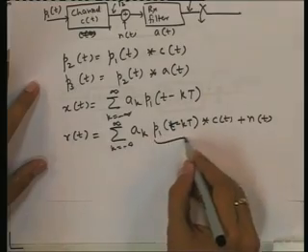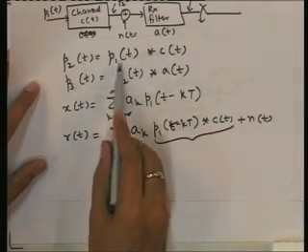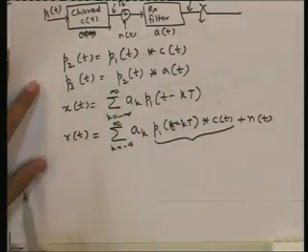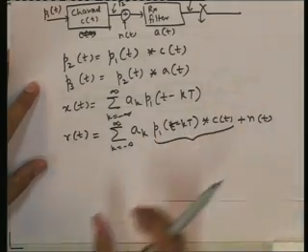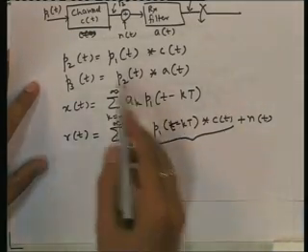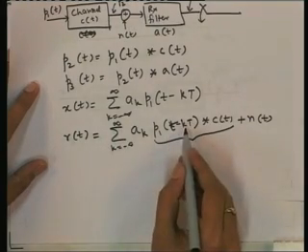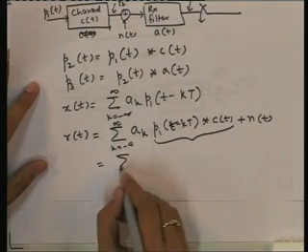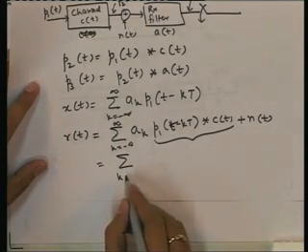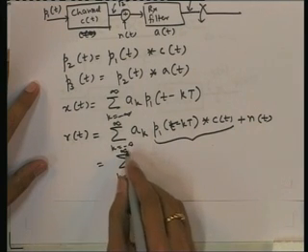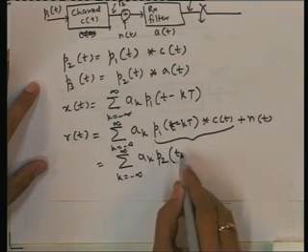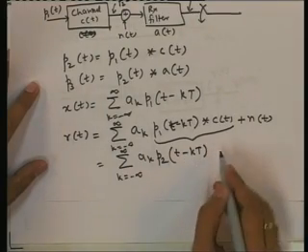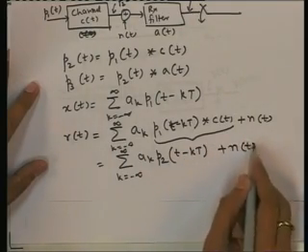Now, what is this term? We see that p1(t) convolved with c(t) is assumed to be p2(t). So if we shift this pulse by kT, the whole convolution result will be shifted. So it will be p2 shifted by kT. So we can write r(t) equal to the summation k equal to minus infinity to infinity a_k, then p2 shifted by kT, plus n(t) as it is.